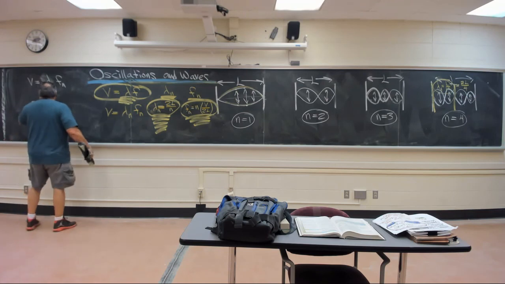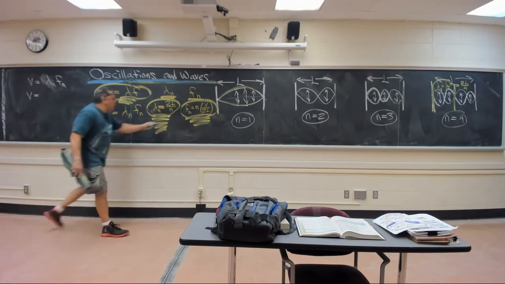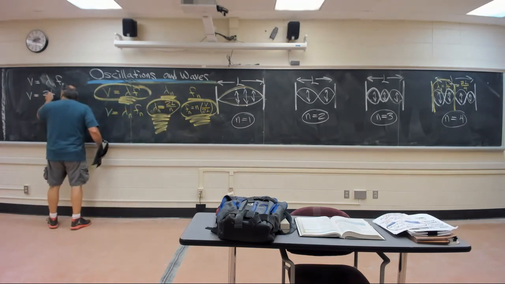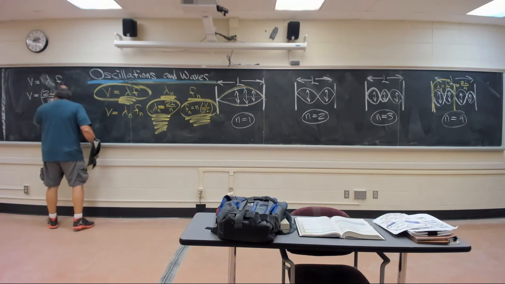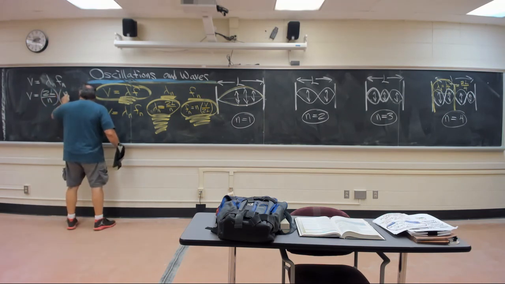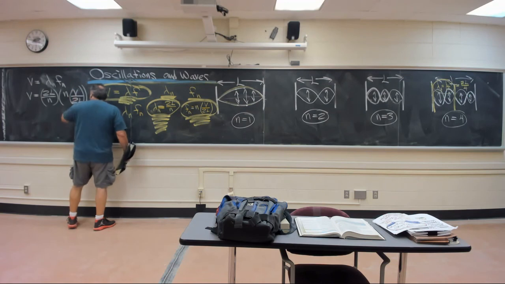Let's actually check, is that true? Well, the only variable is the n, and that flies out of there. This is 2L over n. The other one is n. Okay. Sounds good to me.